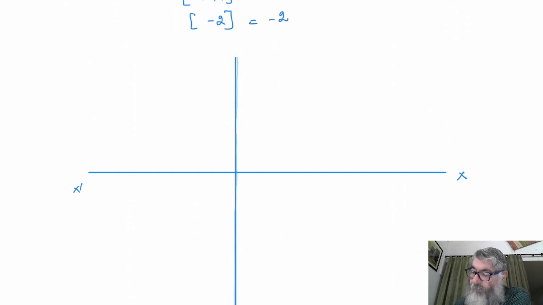This is the y-axis. This is 1 here. Let me just mark 1, 2, 3, 4, minus 1, minus 2, minus 3.